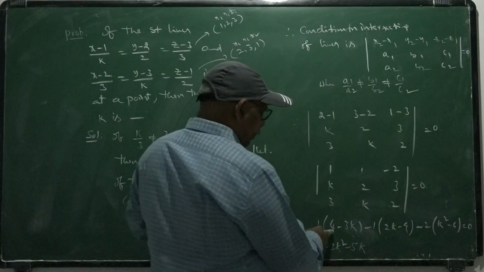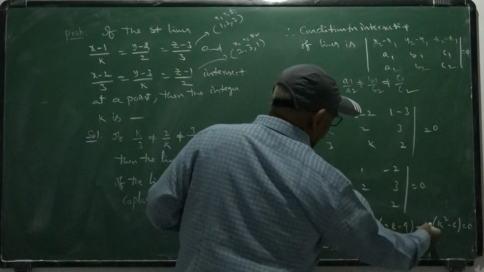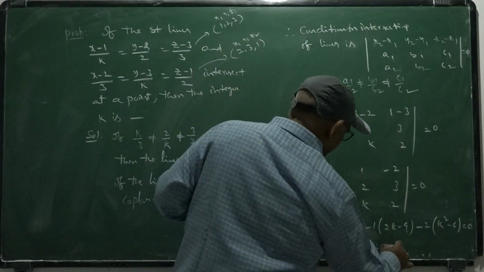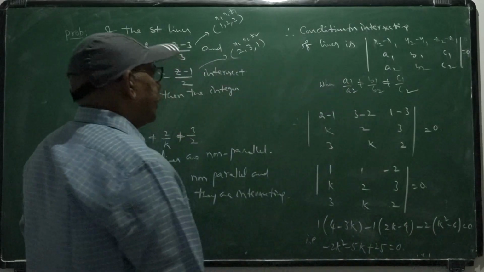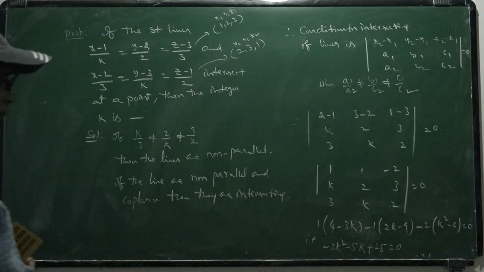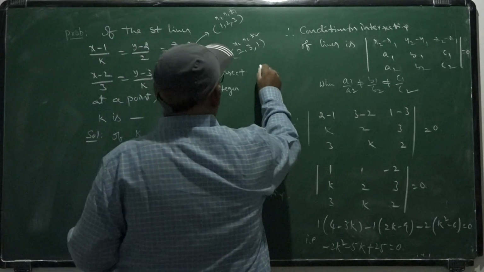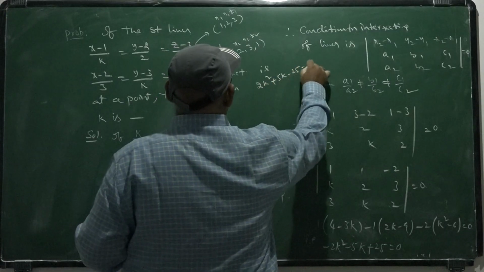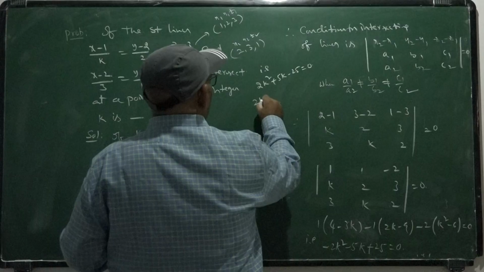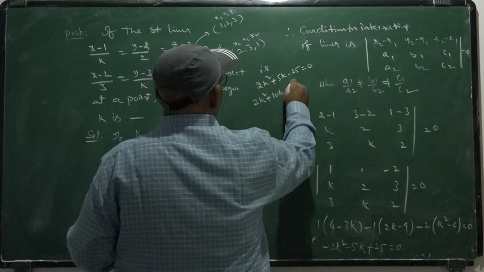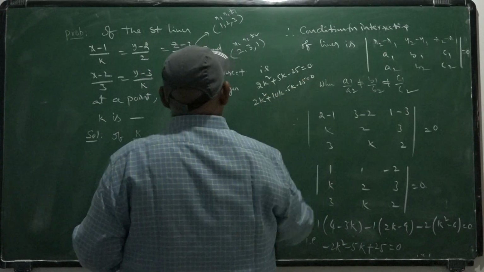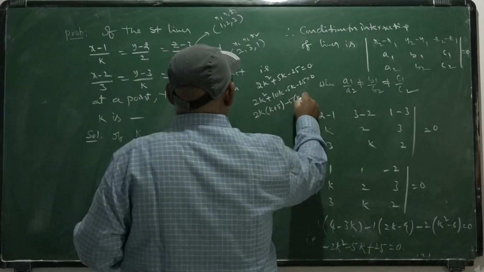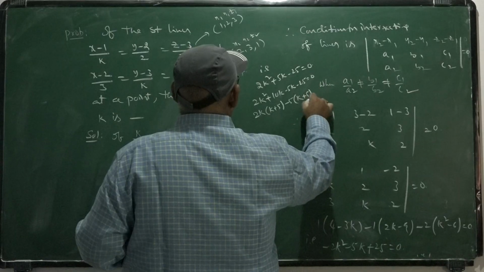The constant terms are 4 plus 9, 13, 13 plus 12, 25. You can evaluate the k value from this. So that gives us 2k square plus 5k minus 25 equal to 0. 2k square plus 10k minus 5k minus 25 equal to 0. Taking 2k common, k plus 5 here, minus 5, taking minus 5 common, k plus 5 is 0.